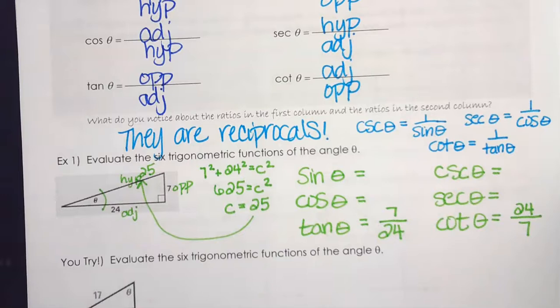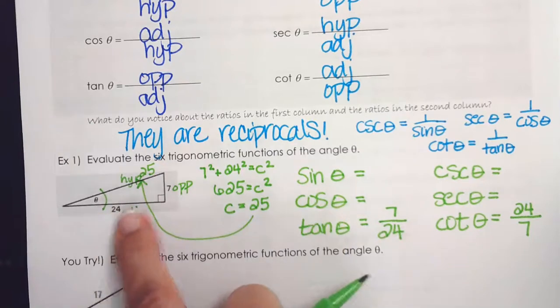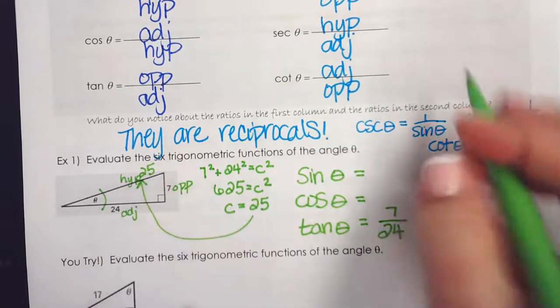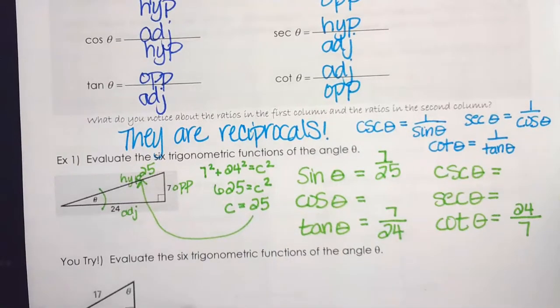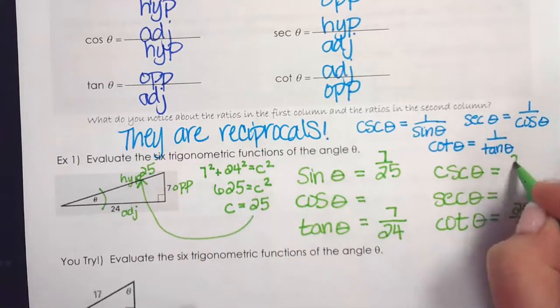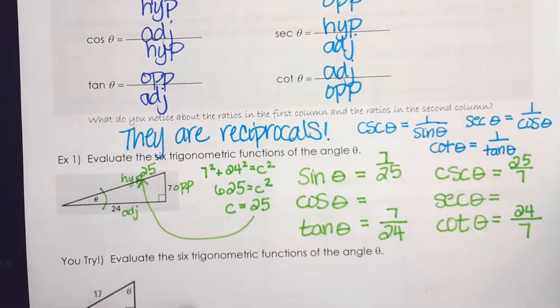So now that we know that C is 25, we can find the other trig functions. We know the sine of theta is our opposite over hypotenuse, which would be 7 over 25. And that means that our cosecant would be 25 over 7.